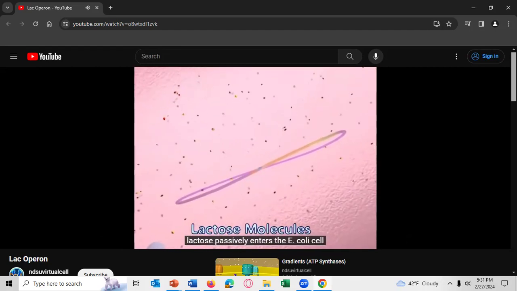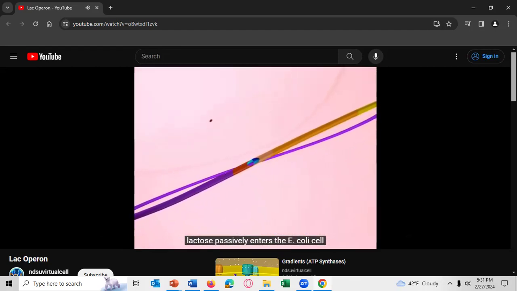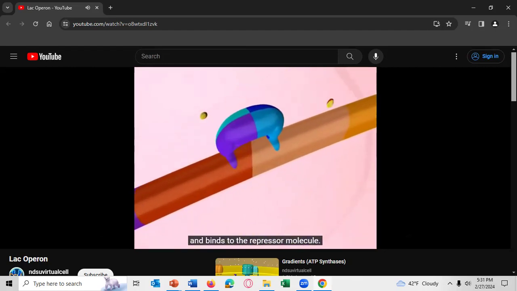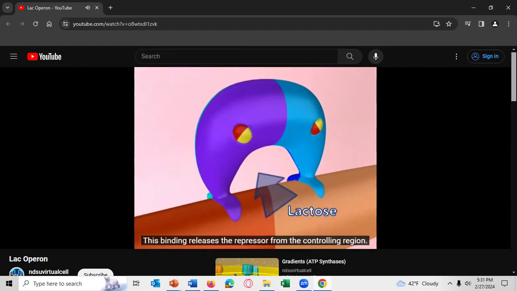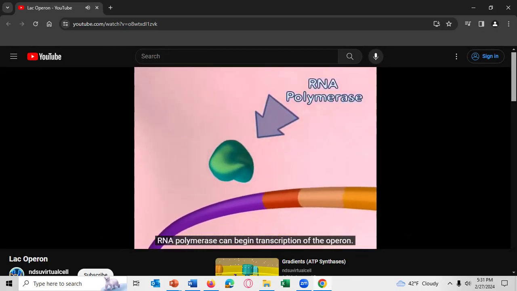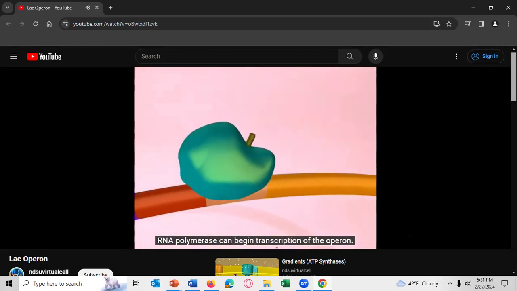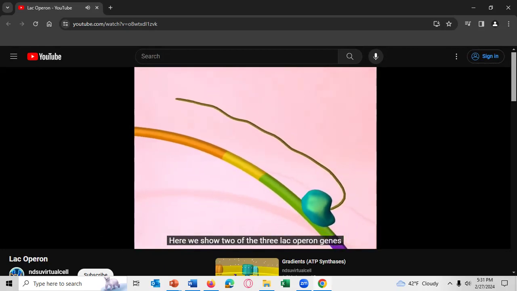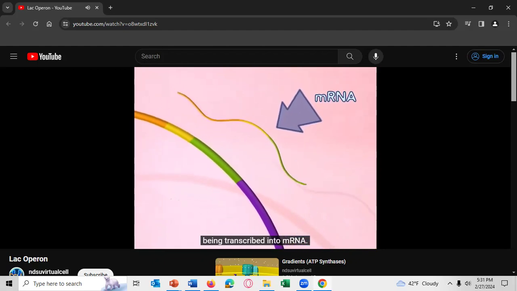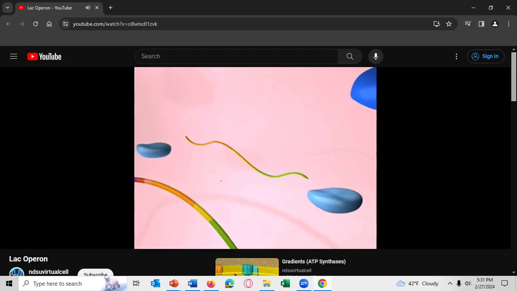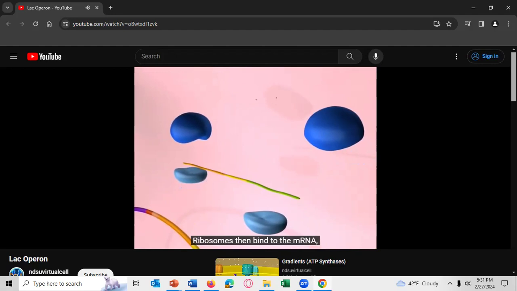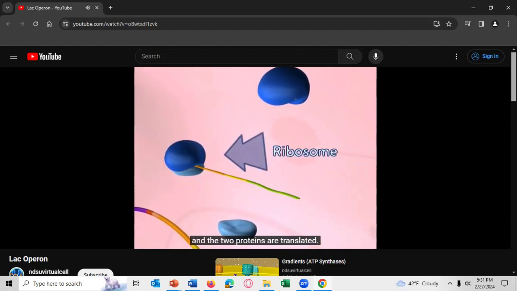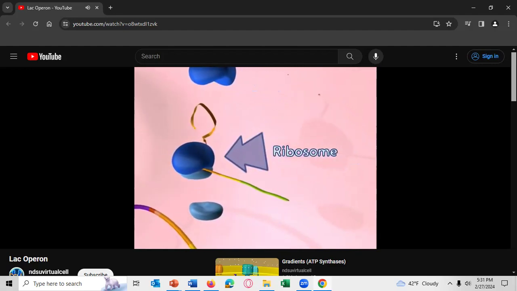After first appearing in the cellular environment, lactose passively enters the E. coli cell and binds to the repressor molecule. This binding releases the repressor from the controlling region. At this point, RNA polymerase can begin transcription of the operon. Here we show 2 of the 3 lac operon genes being transcribed into mRNA. Ribosomes then bind to the mRNA, and the 2 proteins are translated.